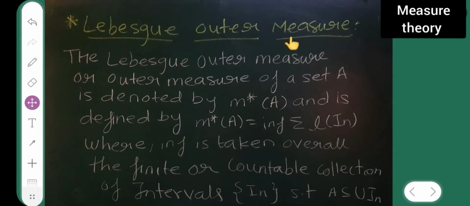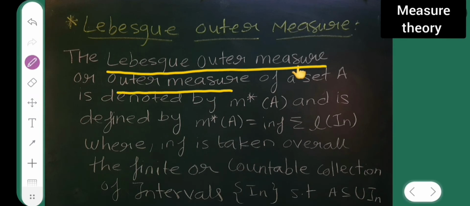The Lebesgue outer measure, or outer measure, of a set A is denoted by M star of A. How do we denote the measure of A?